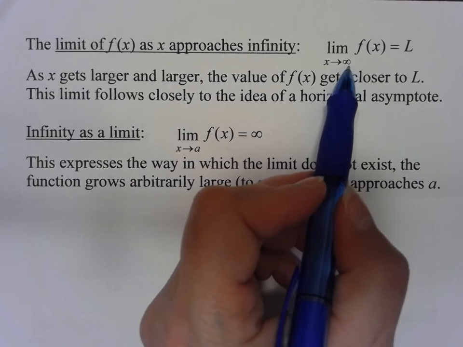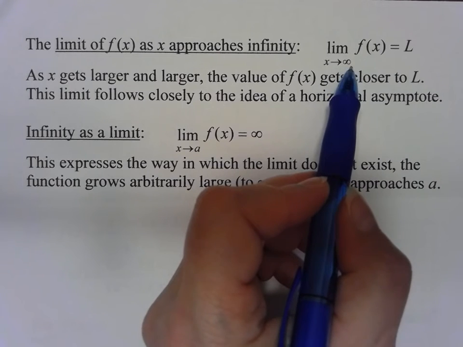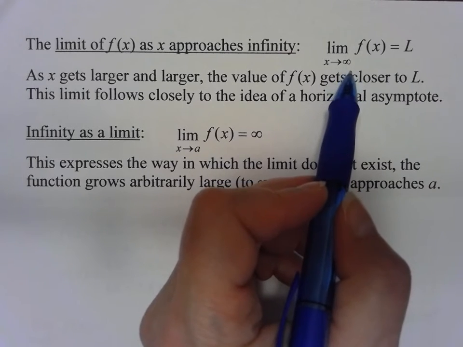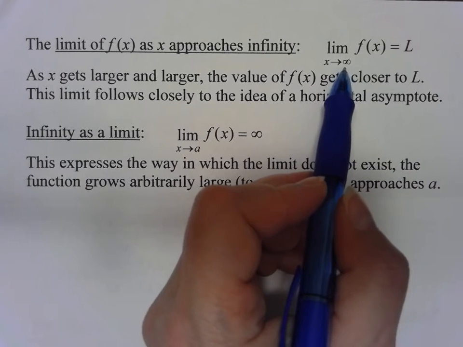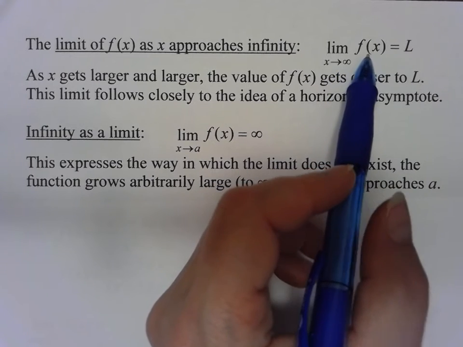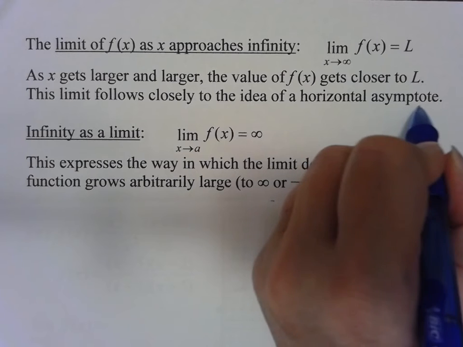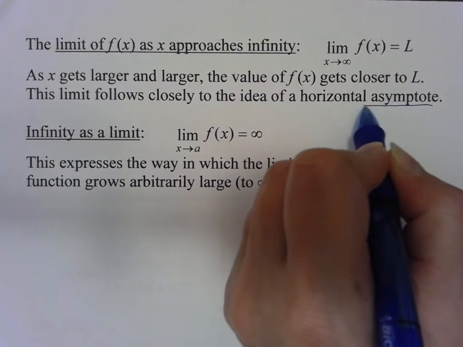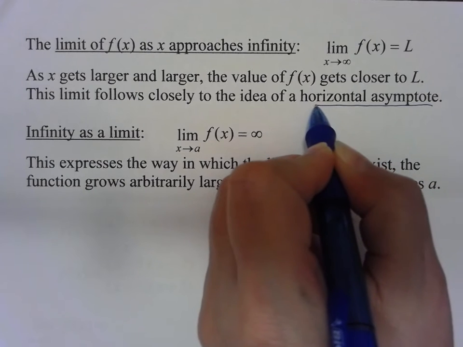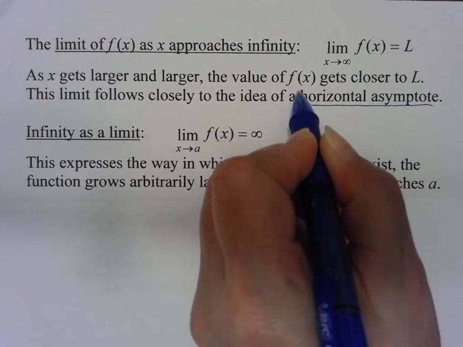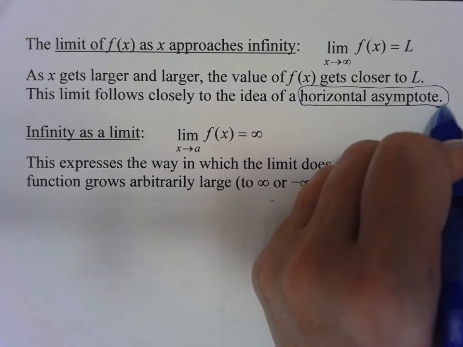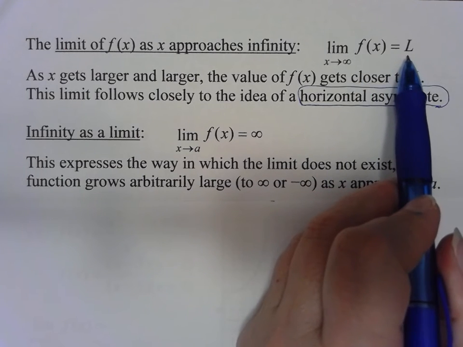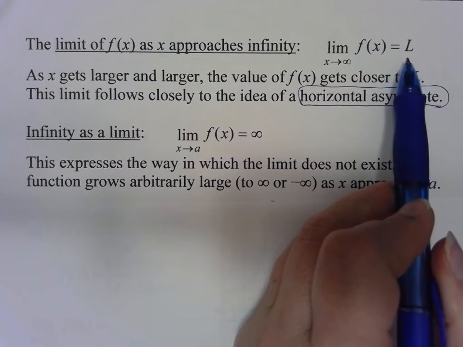As x gets really, really large, think the ends of the graph on the far left and the far right, does the y value level off like we've looked at in the past to some specific number? It really is in line with that horizontal asymptote idea. So if it does level off at some specific number, whether it touches it or not, we would say that this was the limit, the value of the limit.